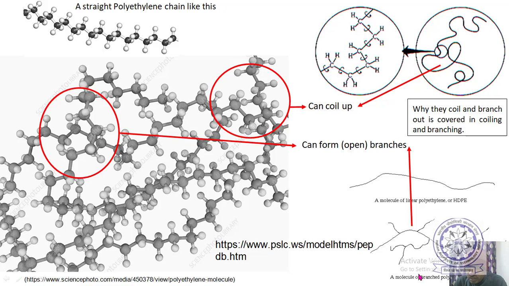We'll see that soon. So this is a molecule of branched polyethylene, or LDPE, low density polyethylene. HDPE is a linear chain and LDPE is a branched chain. This is the typical structure of polyethylene.